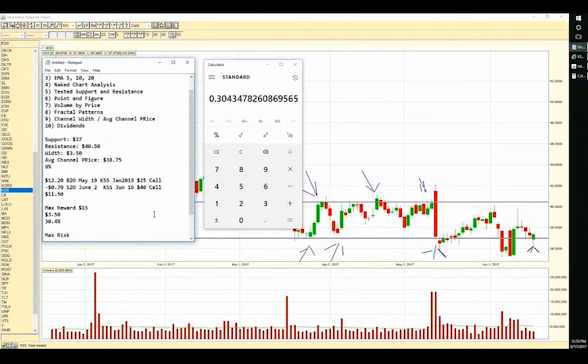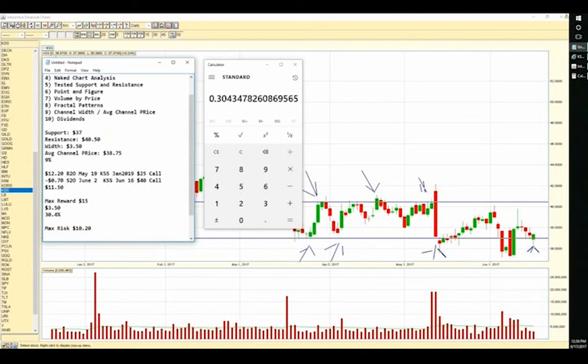So if I go for a $35 trigger for getting out of a trade, my max risk would be $2 less than what I had purchased the leap at, $10.20, with my cost basis at $11.50.